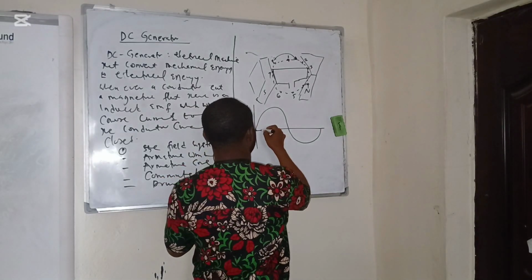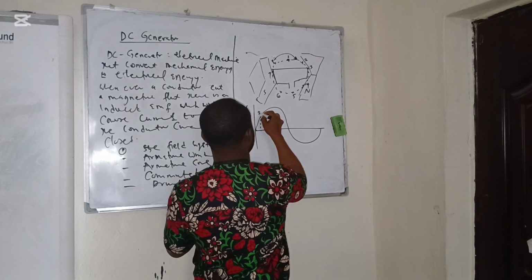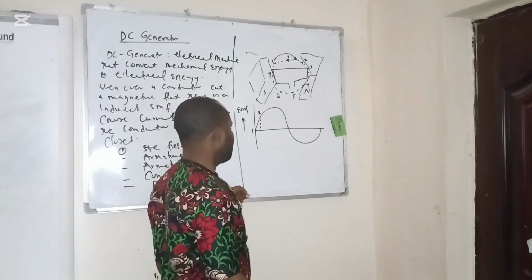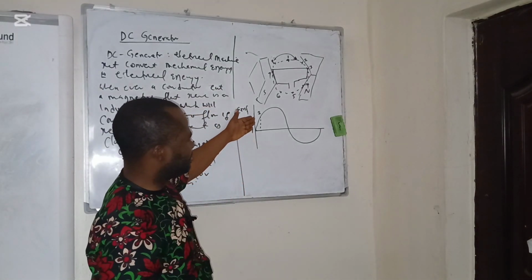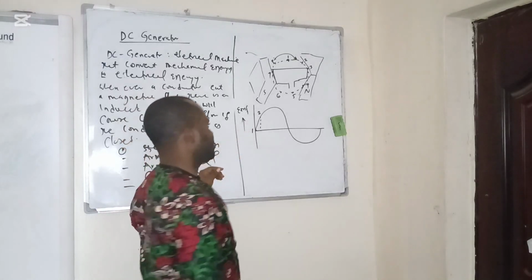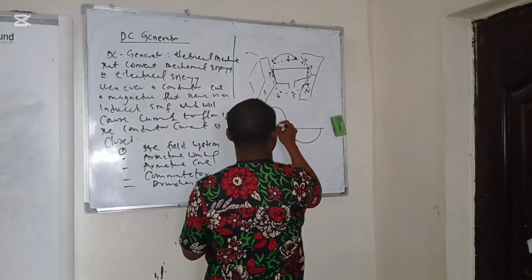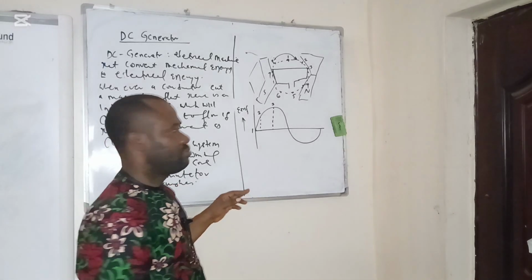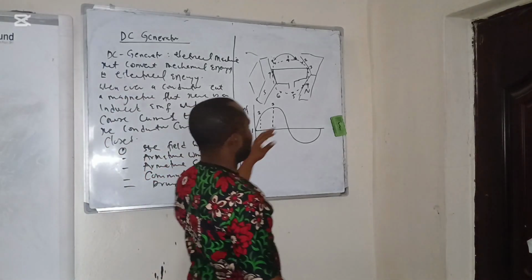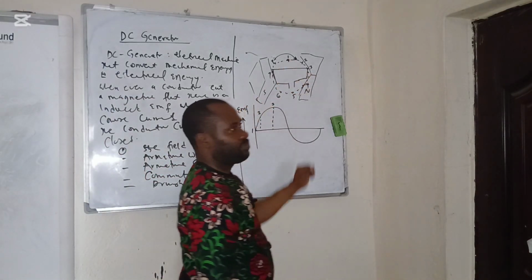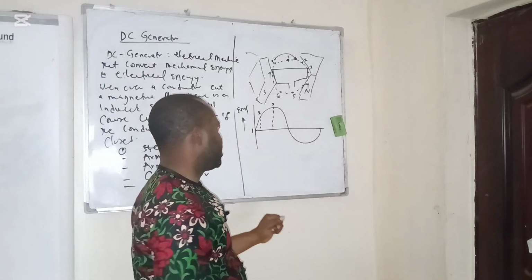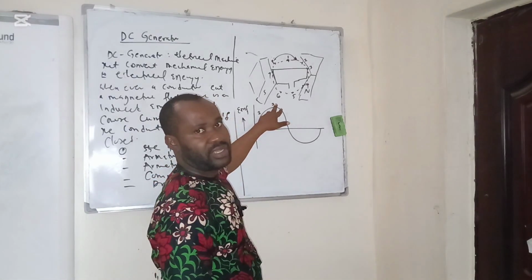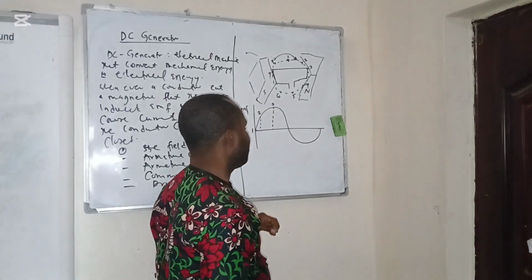On getting to point 2, there is an inclined angle and we have an EMF induced, though it's not maximum. At point 3, we have the maximum induced EMF, because the angle between the flux and the conductor is 90 degrees. That is why we have the highest, the peak induced EMF.